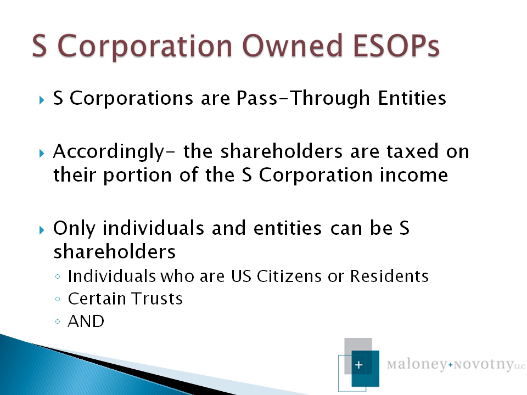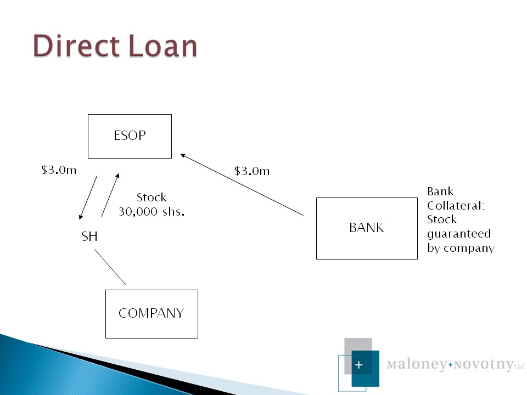If the ESOP buys the shares directly from the seller for $3 million, and in this situation, instead of the bank, we have the seller, and he sells his $3 million worth of shares to the ESOP, and the ESOP does not give him cash but a note, nothing more than a note.